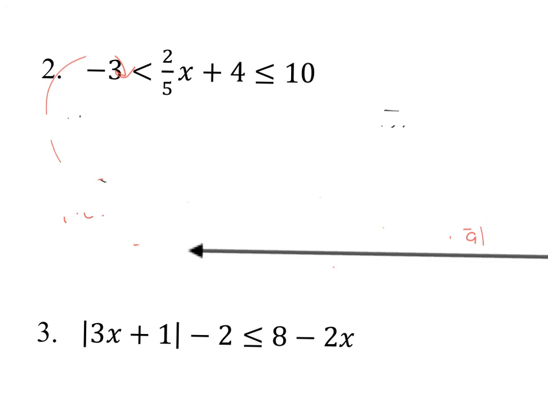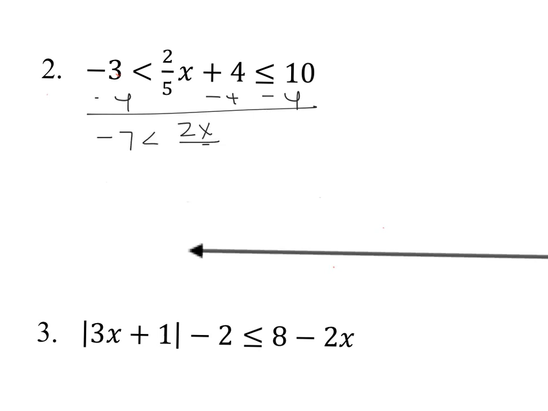Let's see. Next one is an inequality. Remember, when your inequality is grouped like this, it means it's an and statement, which means when you graph your inequality, it is going to be an intersection. So everything I do on one side, I do on both. So I'm going to subtract 4 on both sides. So I get negative 7 is less than 2x over 5 is less than or equal to 6.